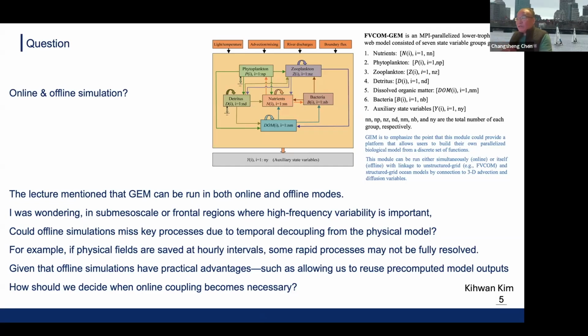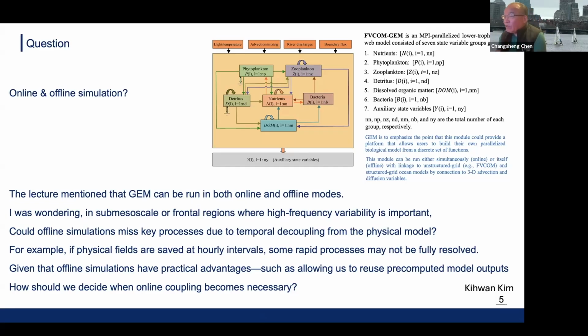If you want to resolve that, it's better to run online. So you do the energy spectrum for the mesoscale, then you look at the spectrum to see where the most energy is, where the frequency is. Then you have to divide the period by at least four for this short period. Then you can resolve that.